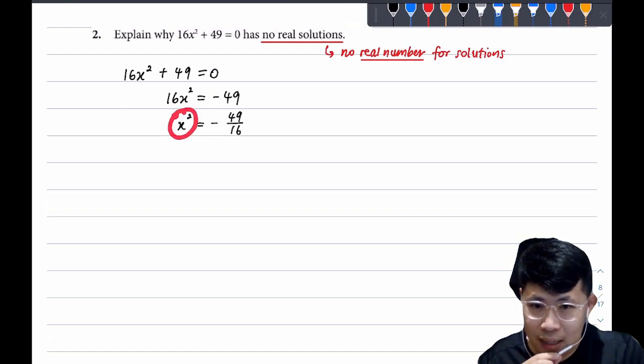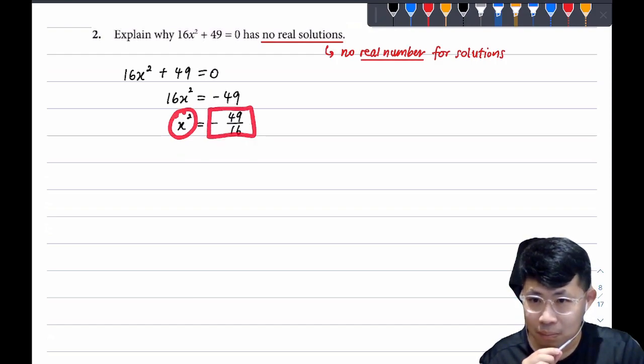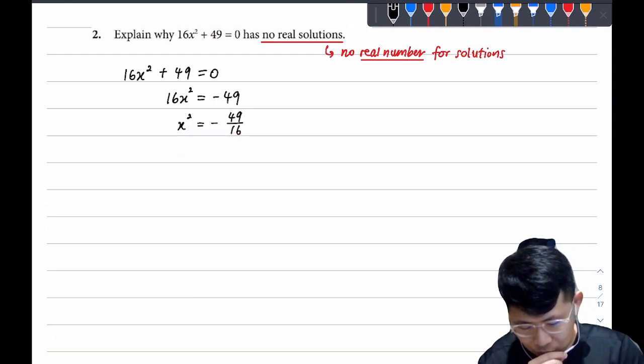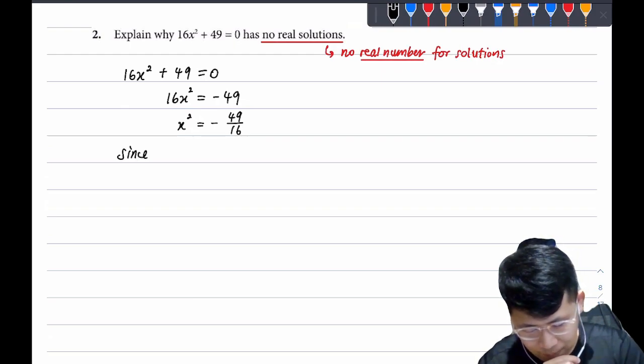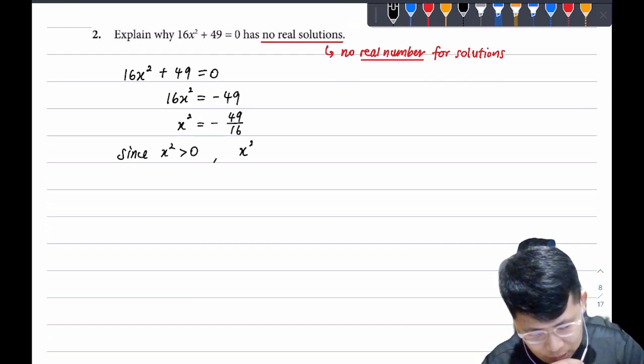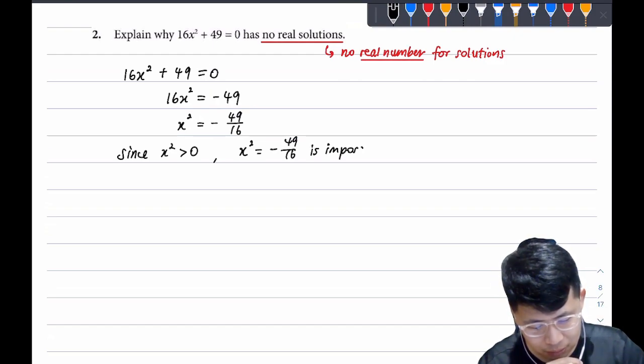Whenever we square a number, even a negative number, remember it has to be a positive number, correct? So this one has no solutions because x squared must be more than 0. So x squared equals negative 49 over 16 is impossible. So this is actually impossible.